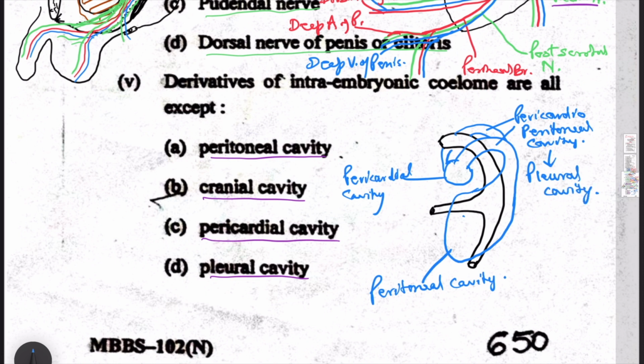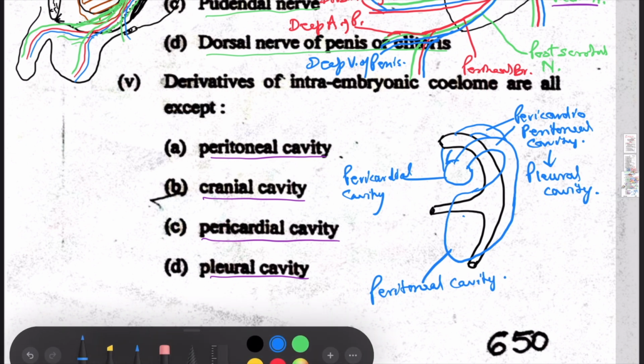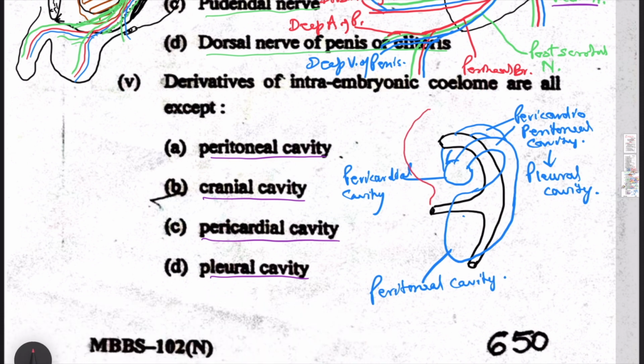So these are the three cavities. All this lining of the embryonic mesoderm will be called mesothelial lining. So all this together forms the cavities, and this is the embryo. Here you find how the body cavity splits to form three cavities: pericardial, pleural, and peritoneal cavity.